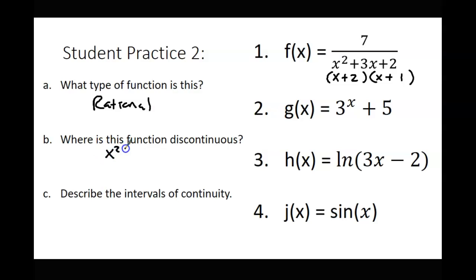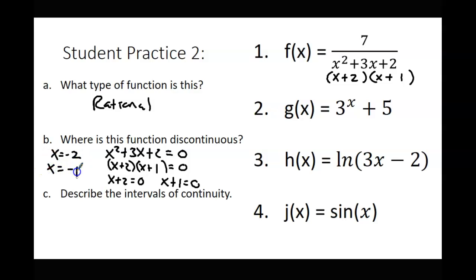So what we do is we take our denominator and set it equal to 0, and I suggested to you to factor it. That would be this. And then if you set both of those equal to 0 and solve, that's how you can find what would make the bottom equal 0. And so one of them is -2, but what's the other one? So there's your 2 points of discontinuity.